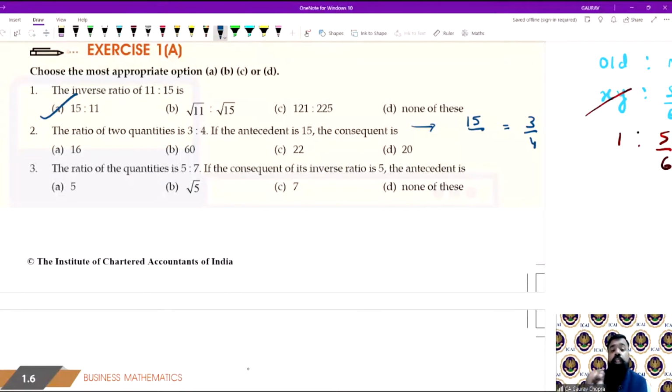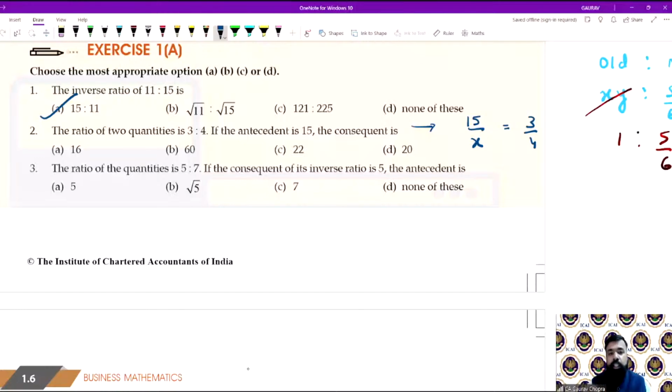We don't know what is in the denominator, so let us assume x. The question says we took the ratio of 15 with something and the result was 3:4, so you have to find out what 15 was compared with.